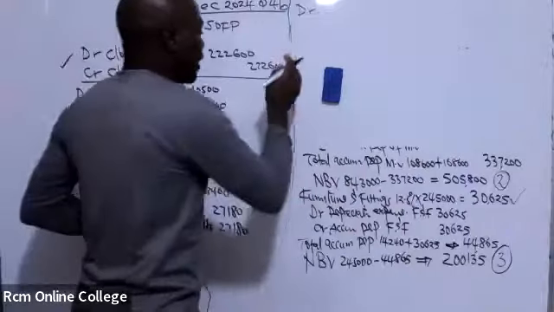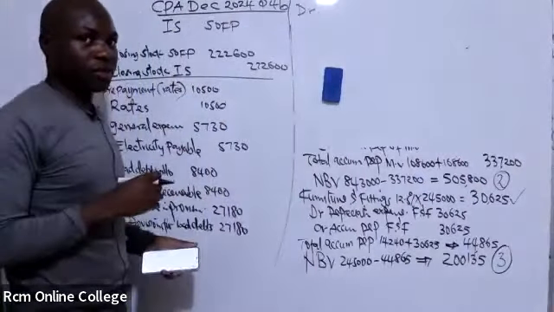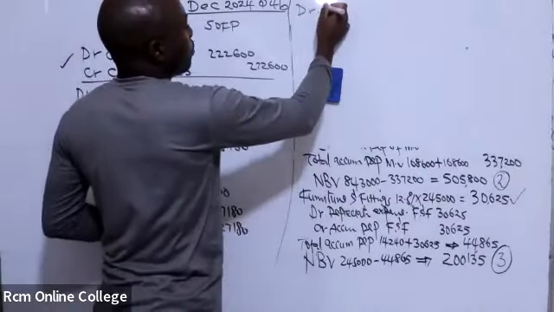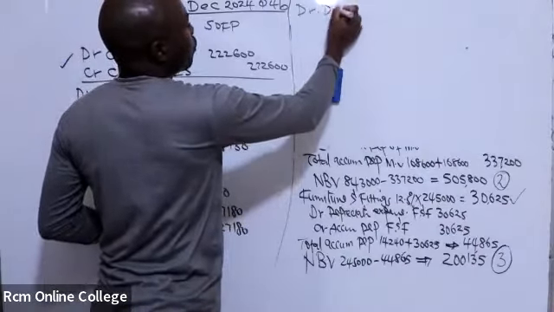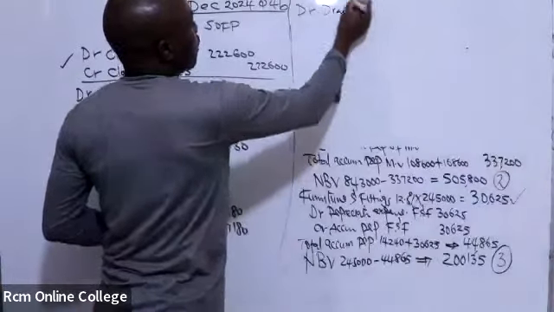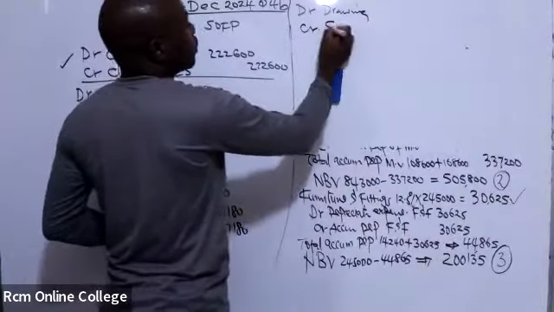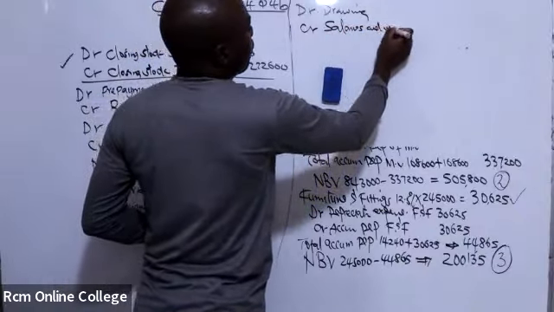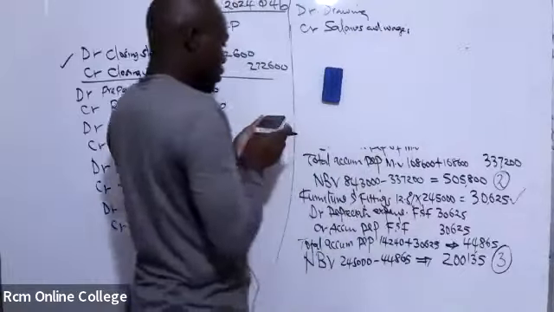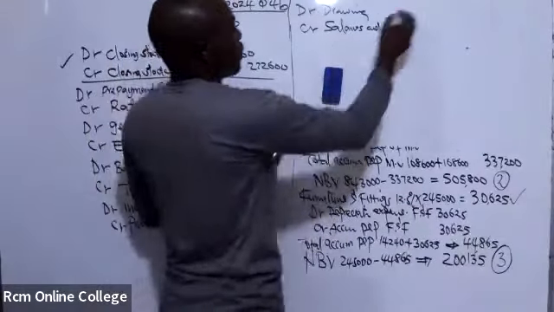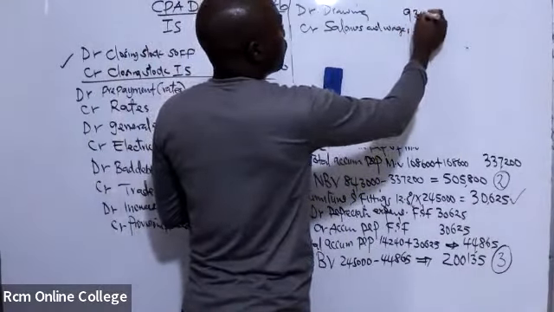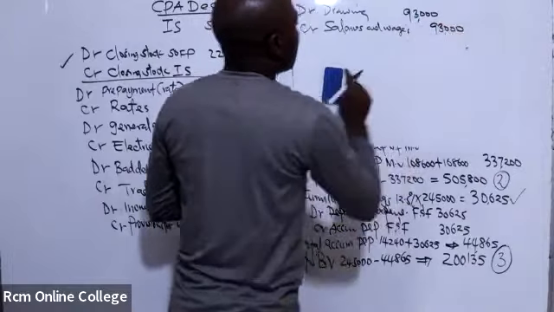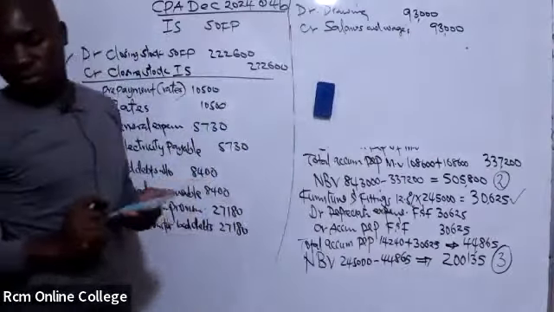So the salaries and wages expense is exaggerated. So we are going to debit drawings, then credit salaries and wages with that exaggeration, 93,000. In other words, we are reducing the salaries and wages.